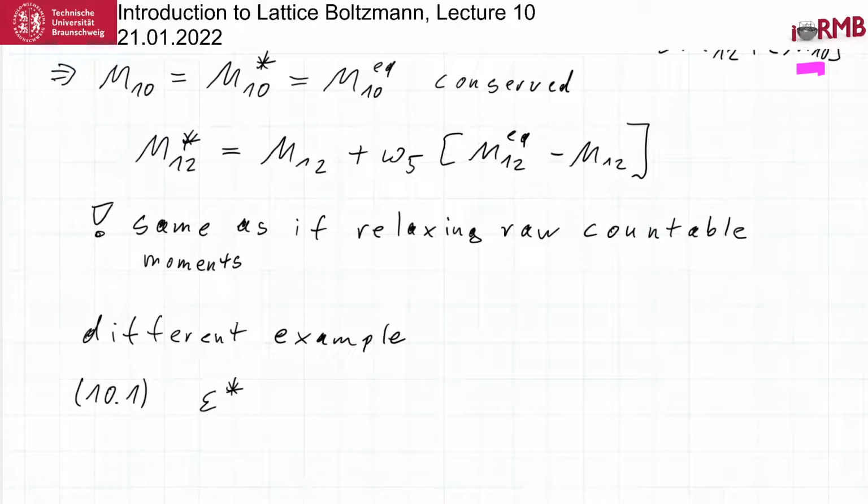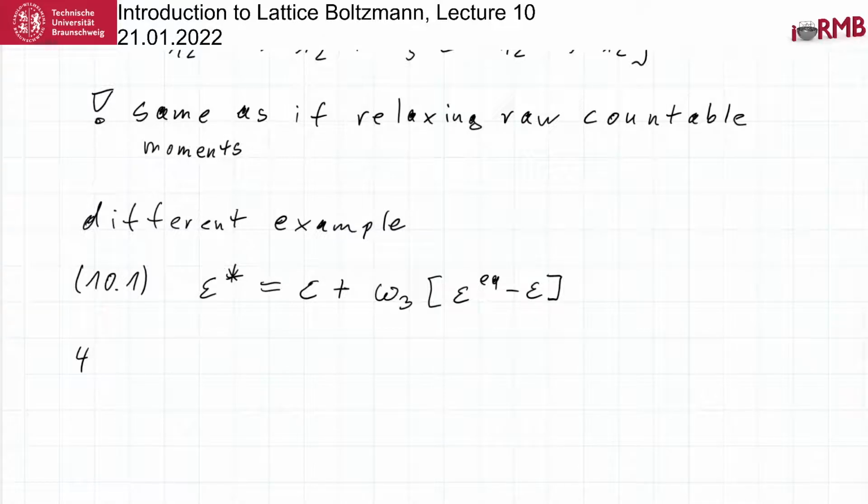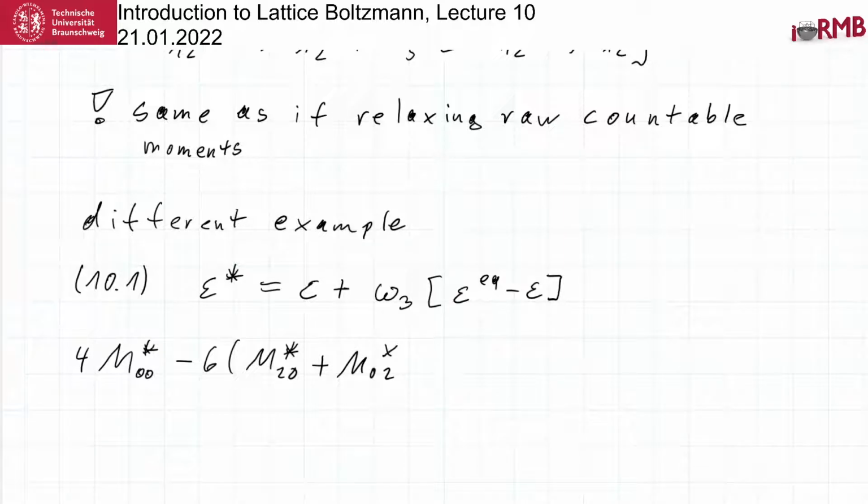So this is the moment epsilon, and epsilon post-collision is epsilon before collision plus omega 3 times epsilon equilibrium minus epsilon. So now this is a bit longer. Replacing epsilon by its raw countable moments is 4 times m00 minus 6 m20 plus m02, and you see these are not conserved, so they make the difference.